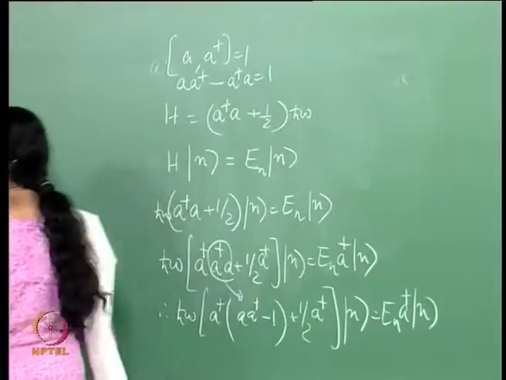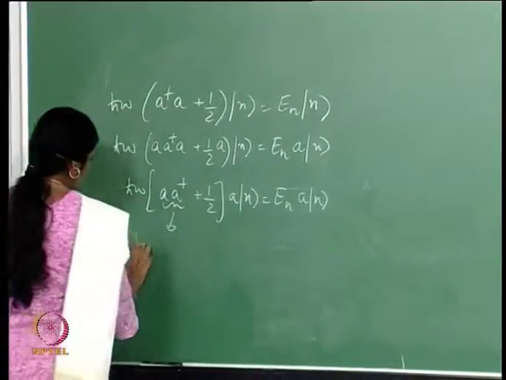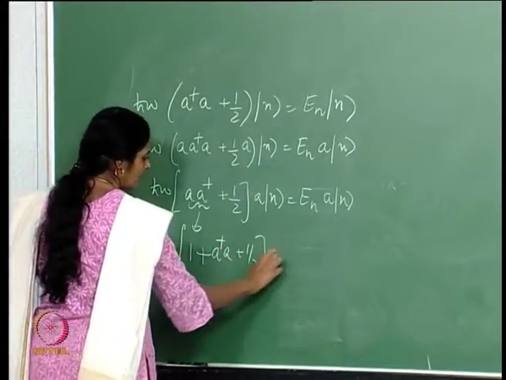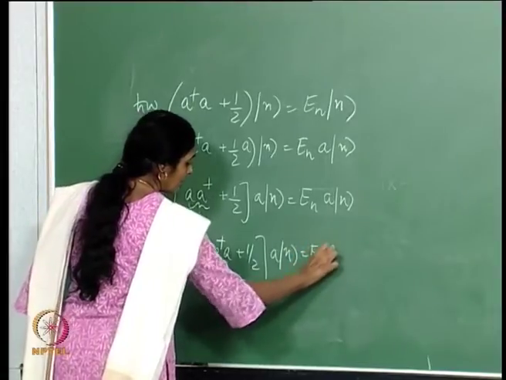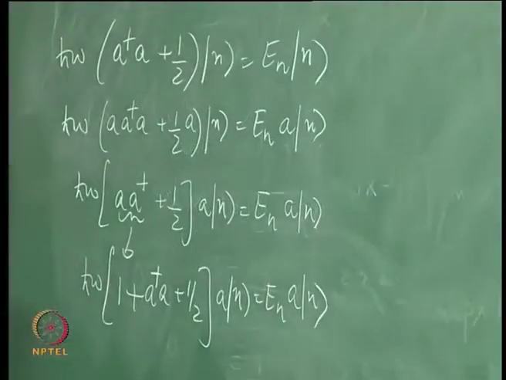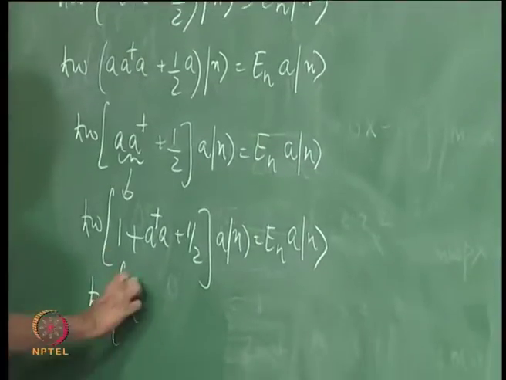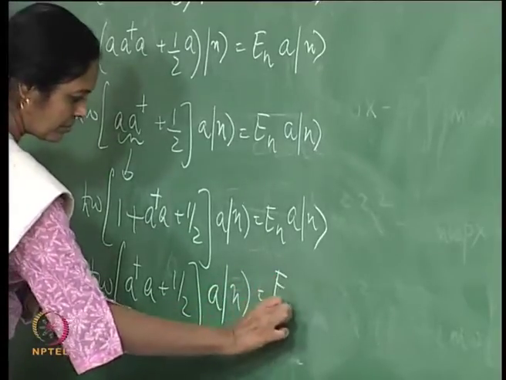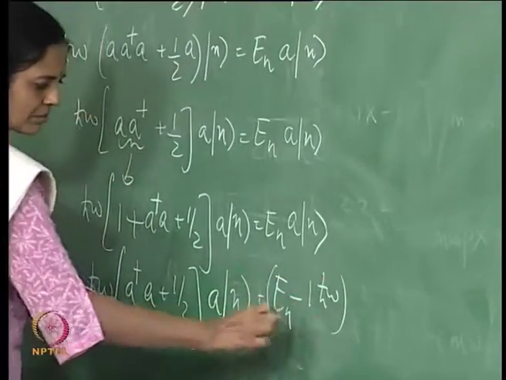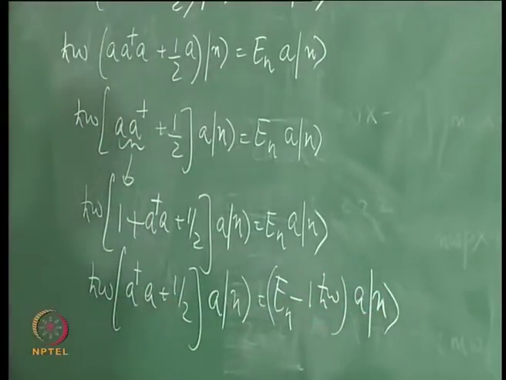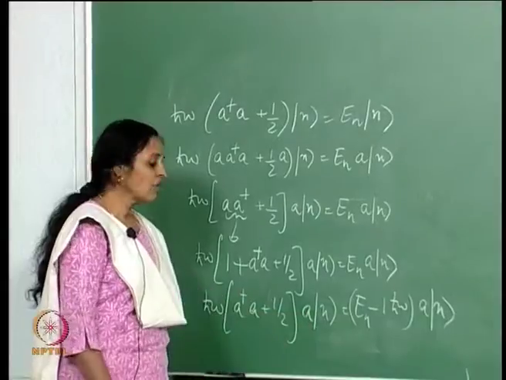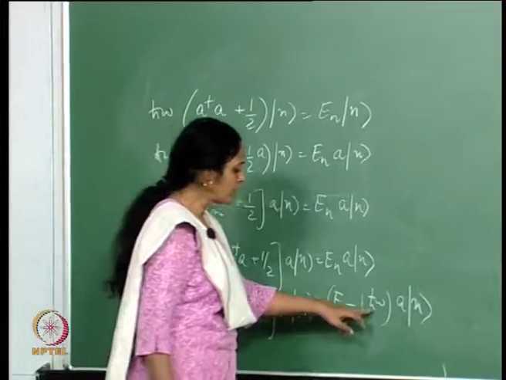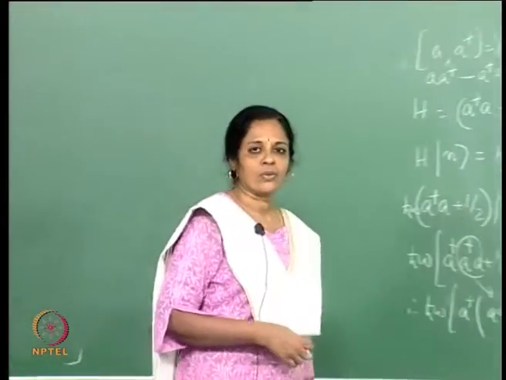So A dagger A is 1 plus A dagger A. In other words, what I have shown is this: when A acts on ket n, it takes it to a state which is also an eigenstate of the Hamiltonian, but with the energy reduced by 1 h cross omega.